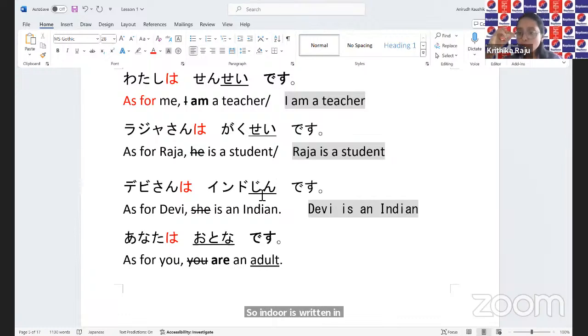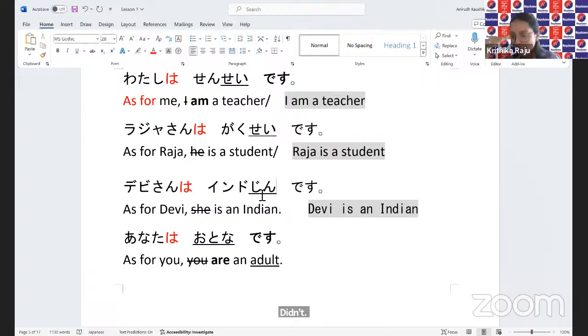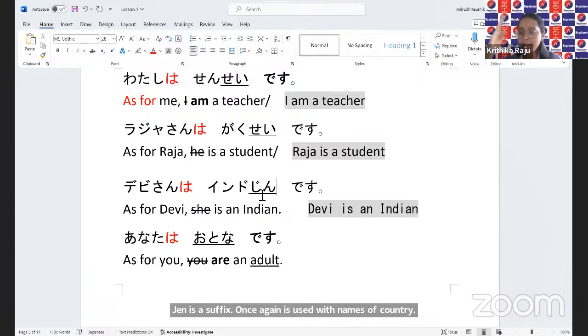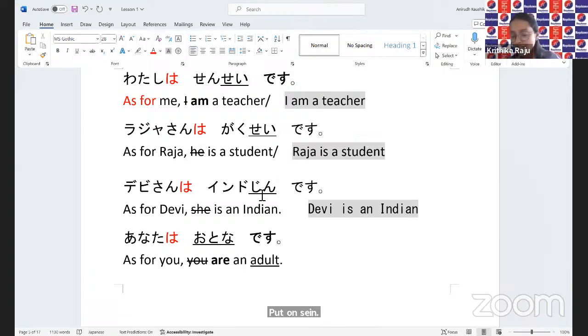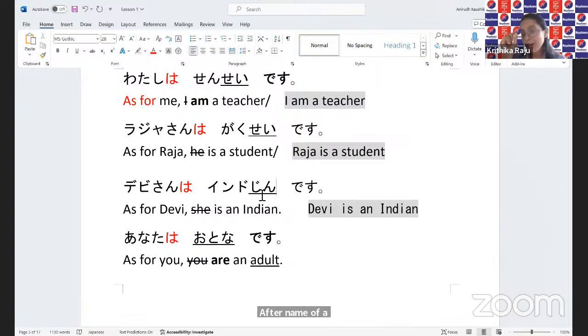Jin is used with names of countries, okay, such as Indo-jin, France-jin. What else did we see? America-jin. England is Igirisu, so Igirisu-jin. So you use jin after the name of a country to talk about the nationality of a person.